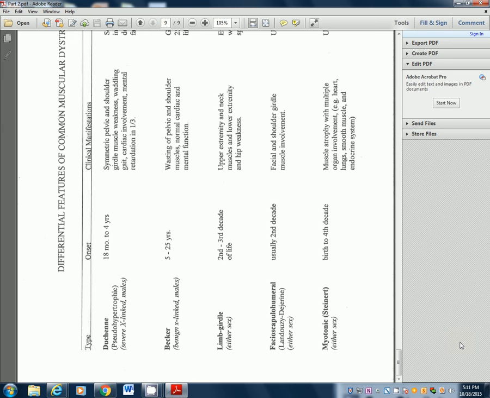It's a milder form of DMD, with wasting of the pelvic and shoulder muscles and normal cardiac and mental function. So it's very similar, but milder than DMD, though there are no cures for any of these. Gradual progression, inability to walk by 25, and usually a normal lifespan. You just lose your muscle ability.